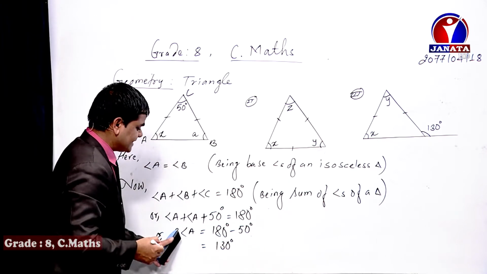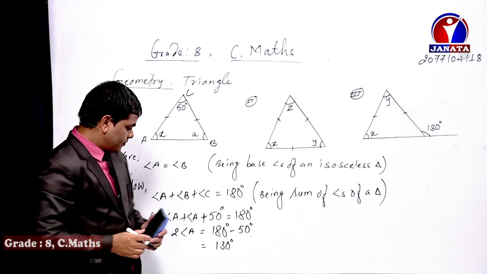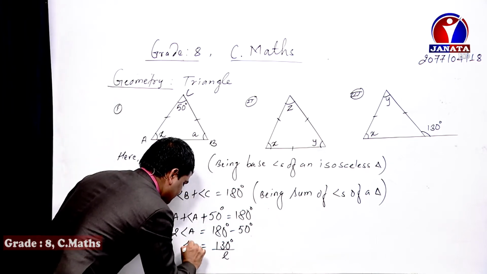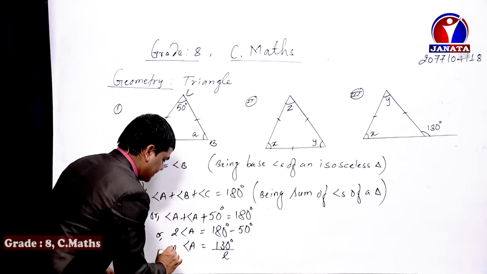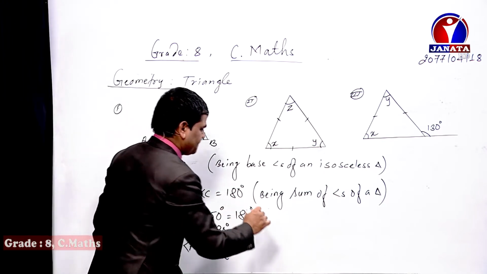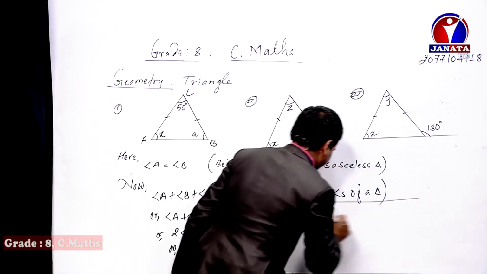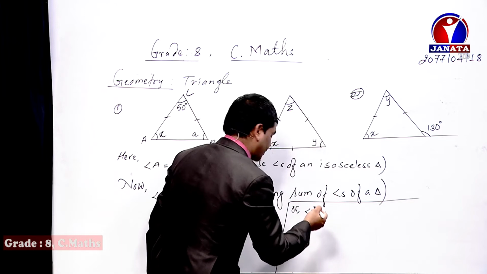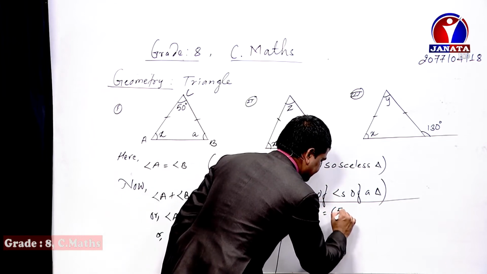Now 2, as it is multiplying on this side, when we take it to that side it will divide 130, and we keep just A on this side. Now the value of A came as how many degrees? Angle A equals 130 divided by 2, which equals 65 degrees.